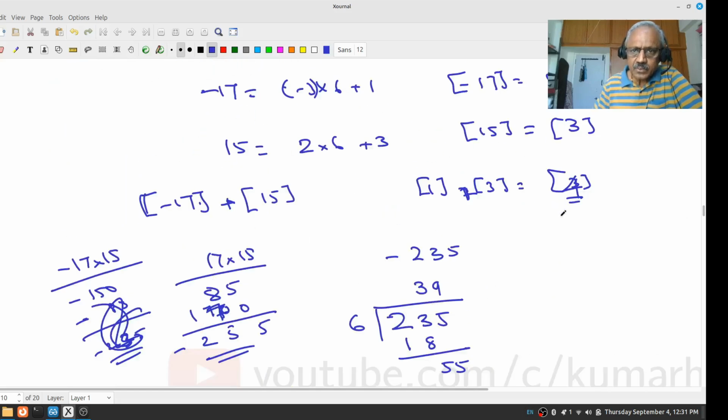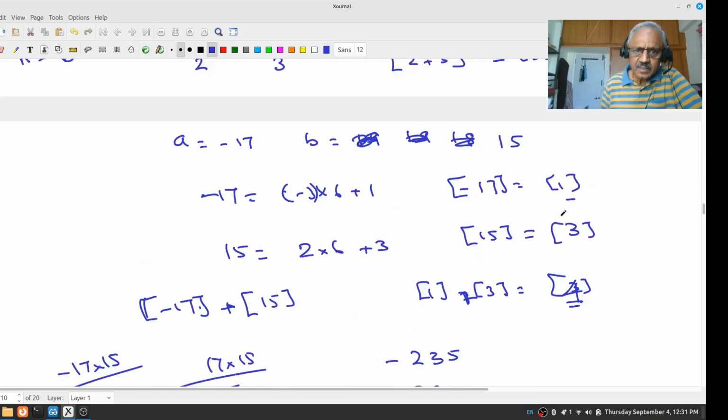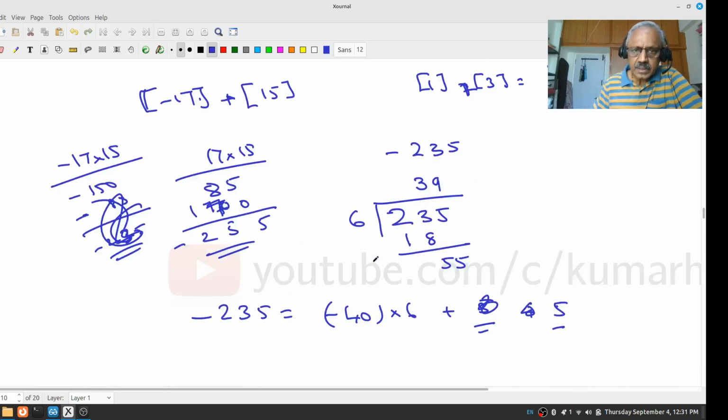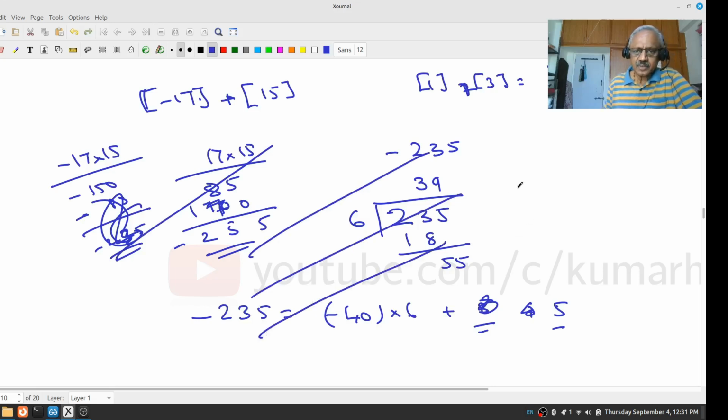Earlier, what did I do? Did I make some mistake here? Minus 17 is minus 3 times 6 plus 1, and 15 is 2 times 6 plus 3. Therefore, addition will be this. Therefore, when I multiply minus 235, oh my gosh. Okay, I was stupid.